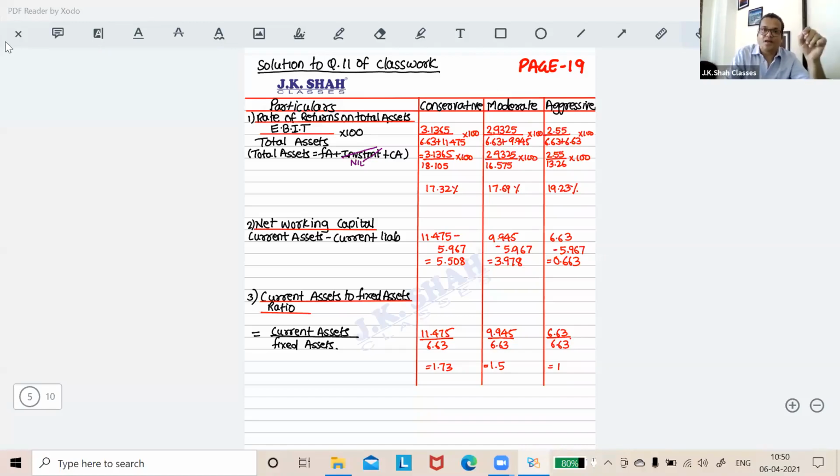A. Under conservative policy, working capital is maintained at highest level. In bracket, you write this number, 5.508 crores.